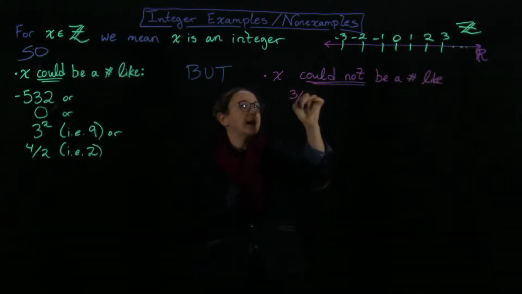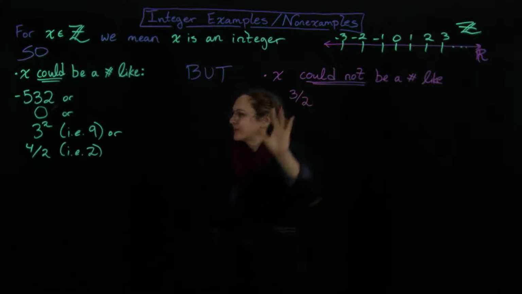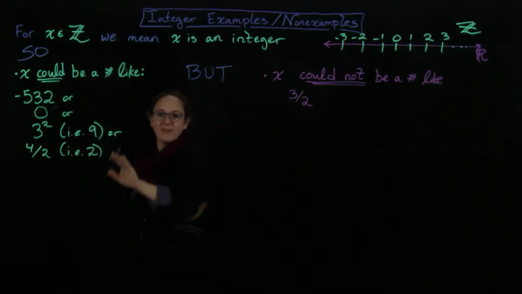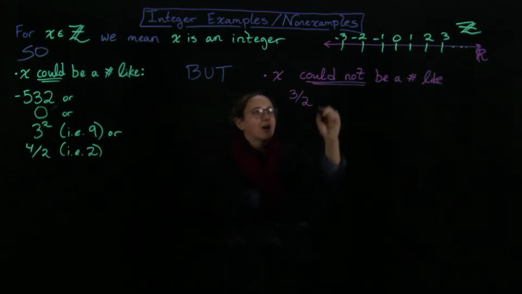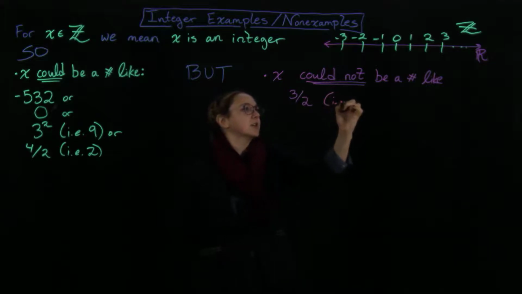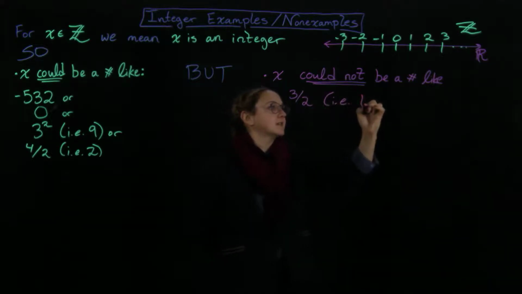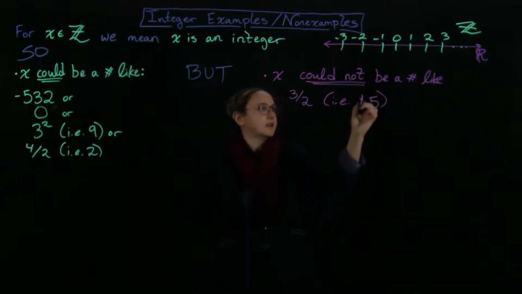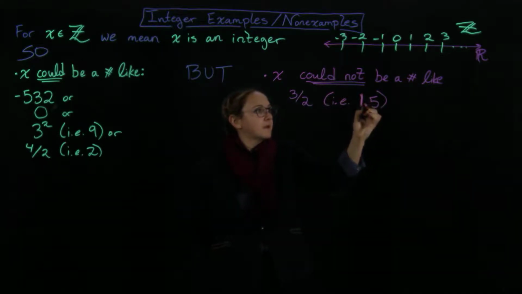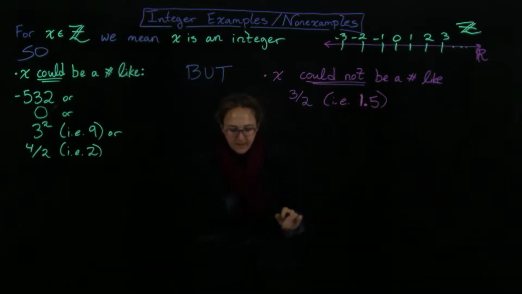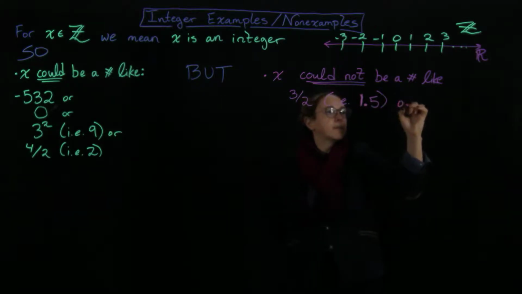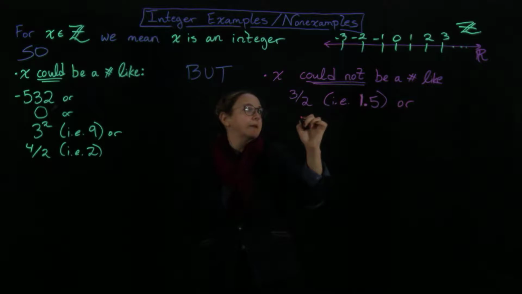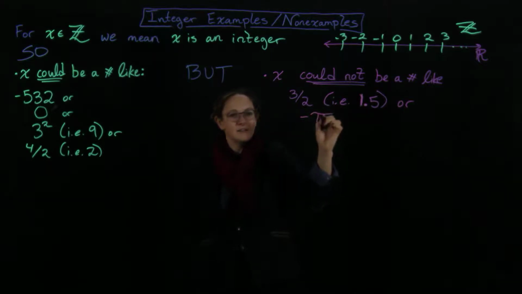Sometimes fractions are okay, like the earlier one, when they reduce down to an integer. So it's good to try to reduce it down or look at it as a decimal and see that there's something on the other side of the decimal point, so that's not an integer.